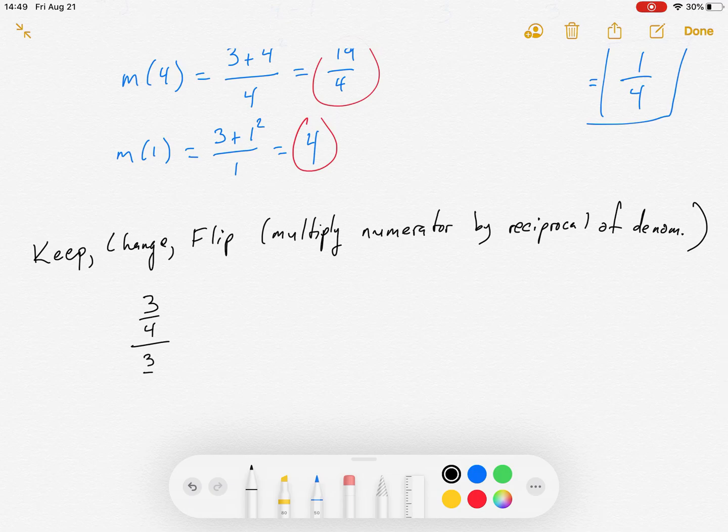Well, 3 is really a fraction. It's the fraction 3 over 1. So you would multiply 3 over 4 by the reciprocal of that, which is 1/3. There's a 3 in the numerator and a 3 in the denominator, so 3 divided by 3 is 1, and I'm left with 1/4. And that is average rate of change.